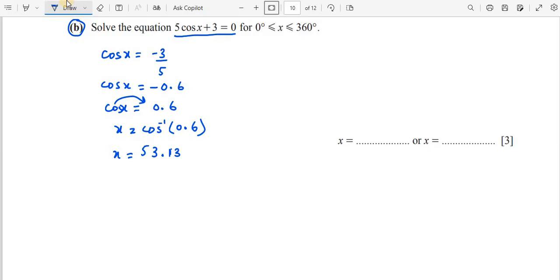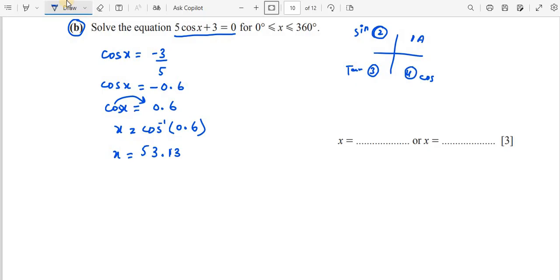We know that cos is negative in the second quadrant and third quadrant, like that. This is the quadrants: first, second, third and fourth. In the first quadrant, all of cos, sine and tan are positive. This is the region of sine, this is the region of tan and this is the region of cos.